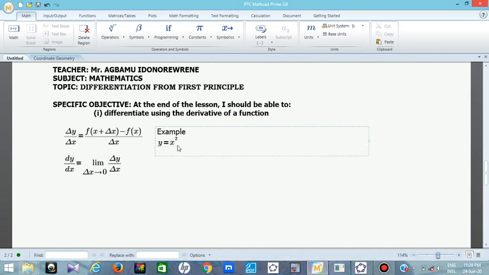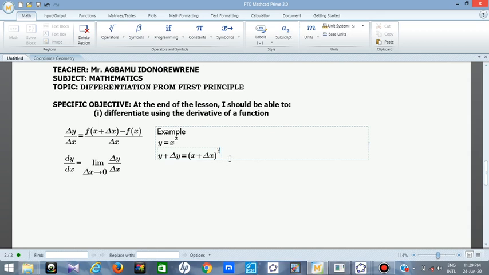So what are we going to do? What we need to do next now is y plus delta y, we're going to make it equal to, because the x is having power, you need to put it in bracket, which is x plus delta x, then put the power 2 outside, raised to power 2.